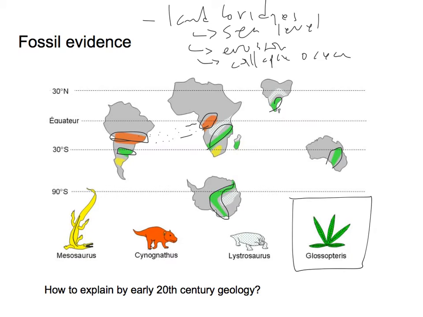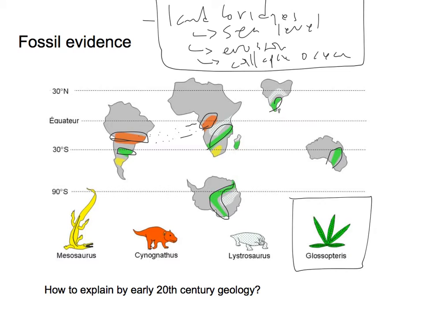Boom, like Gandalf on the bridge, you shall not pass, and the land bridge collapses. So that's obviously a potential explanation, one that has a lot of problems. Even people back then saw that there were a lot of problems.